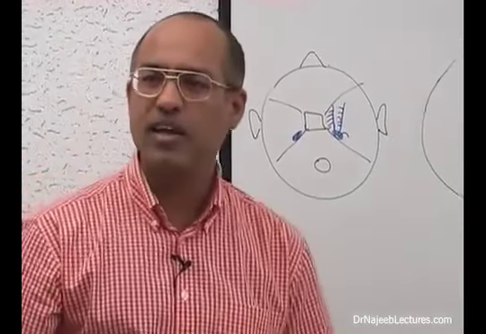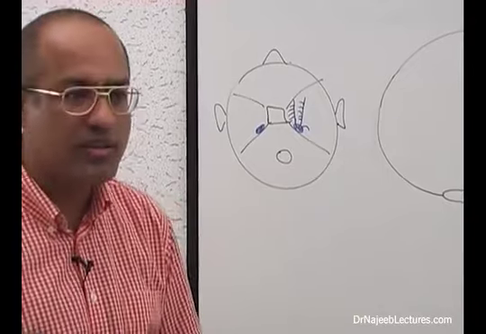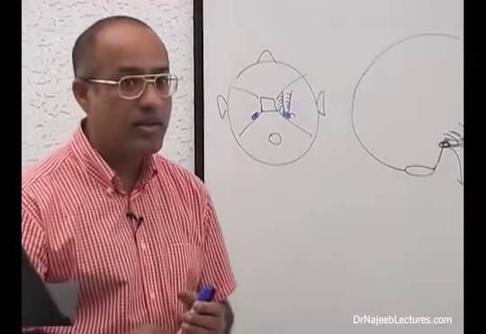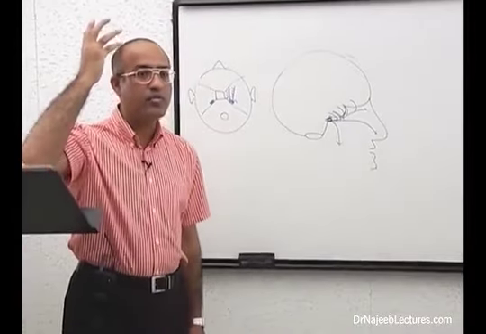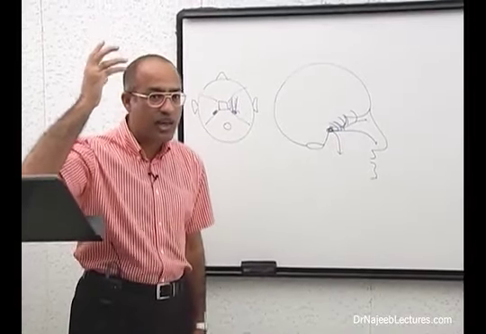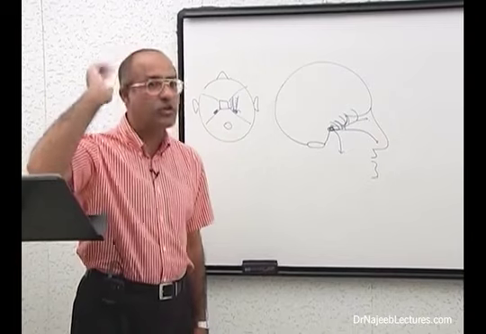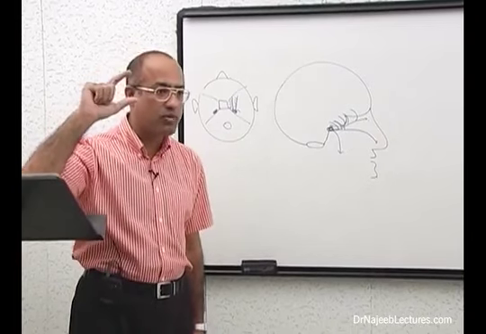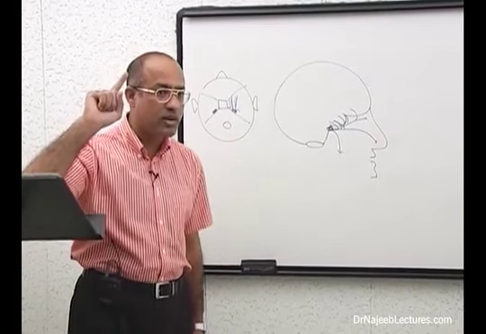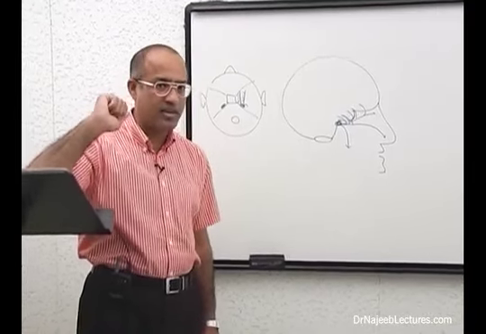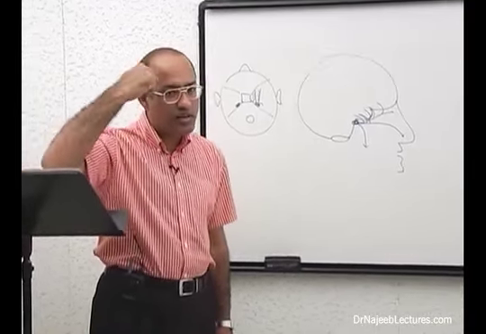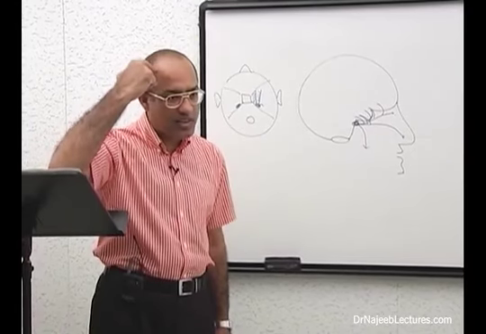Now again you may be thinking, why am I stressing so much? There is a reason. If there is some tumor or some injury or pathological lesion in the supratentorial area involving the supratentorial meninges or disturbing the supratentorial dura mater, the pain will be referred in ophthalmic region.